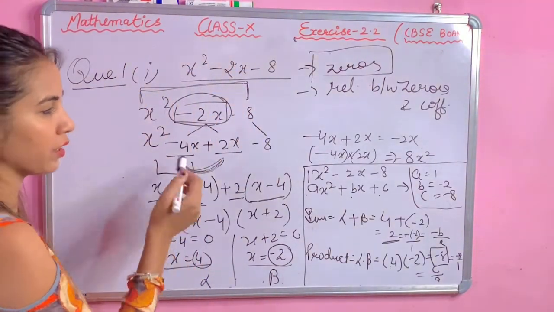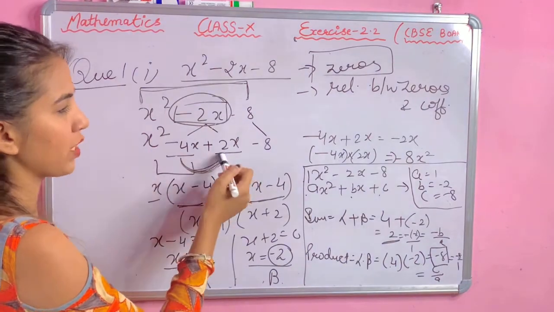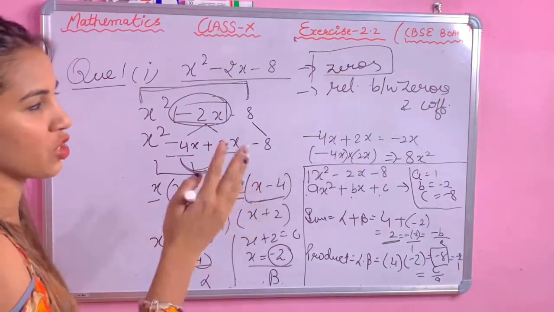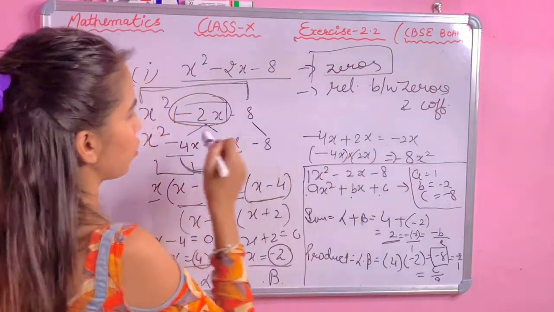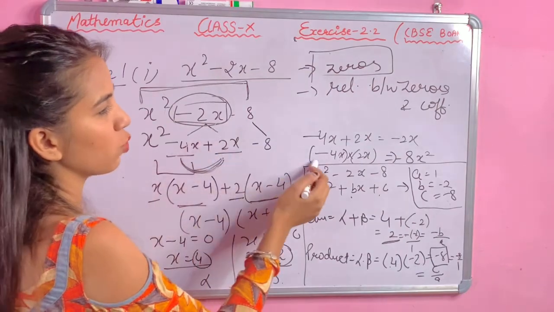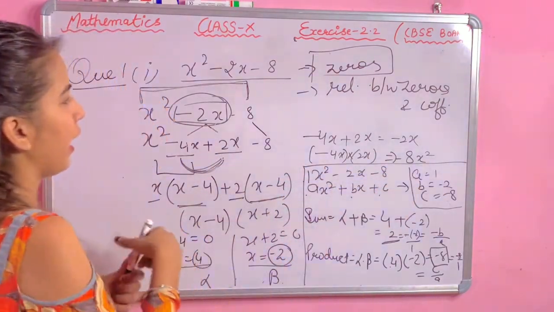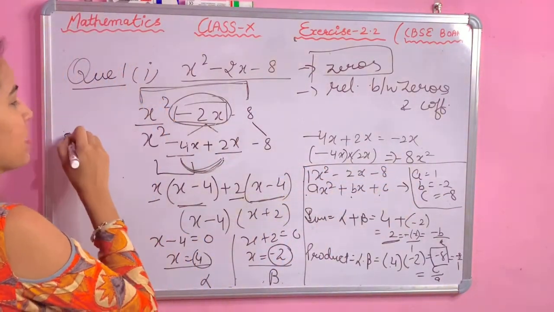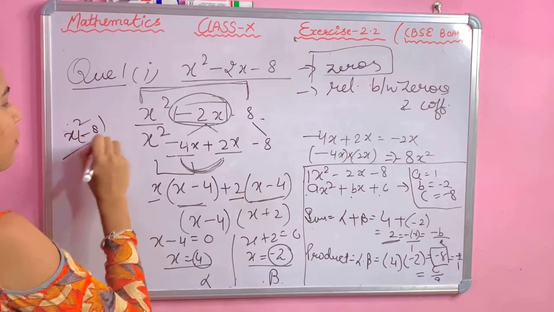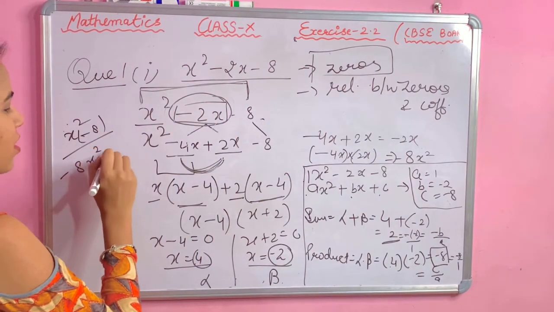Like we have taken the two terms minus 4x and plus 2x. After addition, we'll get minus 2x, which is the middle term. After multiplying these two, we'll get minus 8x square, and we can see the first term is x square and the last term is minus 8, so after multiplying we'll get minus 8x square.